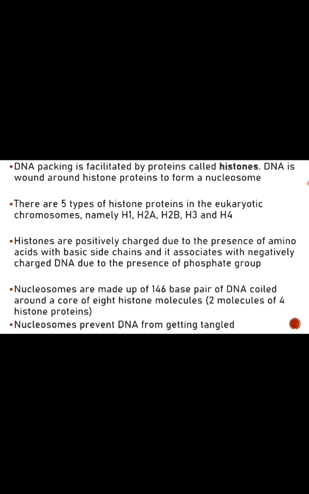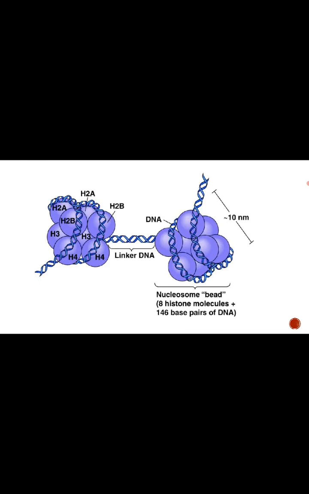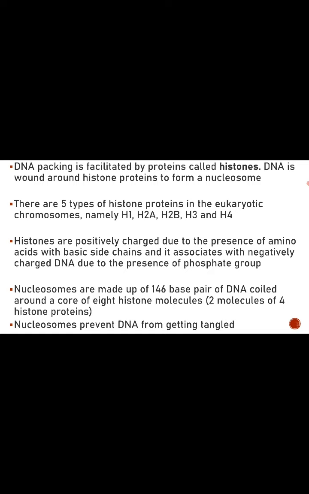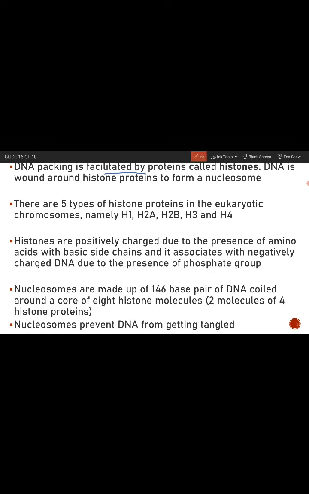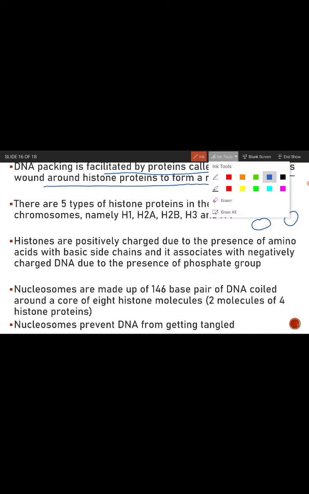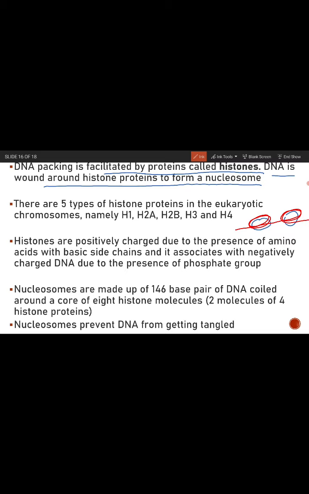Now DNA packing is facilitated by proteins called histones. DNA is wound around the histone protein to form nucleosome. We already saw that. This is the histone proteins and these are the DNA, wrapped around the histone protein to form nucleosomes.